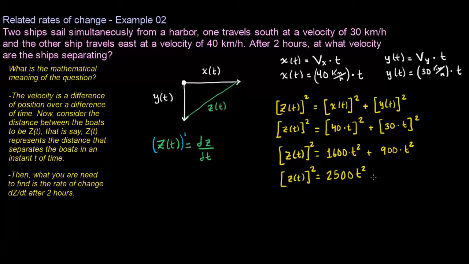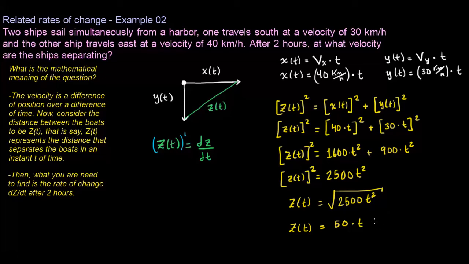Well, we have to take the square root of both sides. Now we get c of t, the square root of 2500 times t squared. So c of t will be equal to 50 times t.